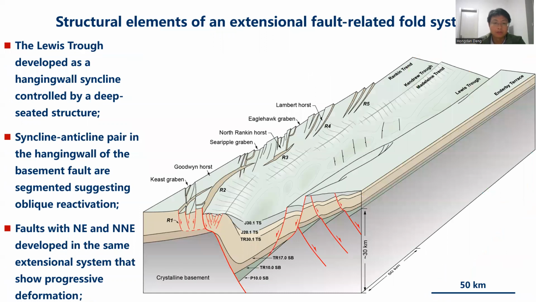So based on all these observations, we create the block diagrams, which consist of the deep trough, which forms by en echelon depocenters, which developed in the hanging wall of a large deep-seated basement fault that separates the Pilbara Craton and Ellsworth Shelf. So to the west of the deep trough is the en echelon oriented hanging wall anticline.